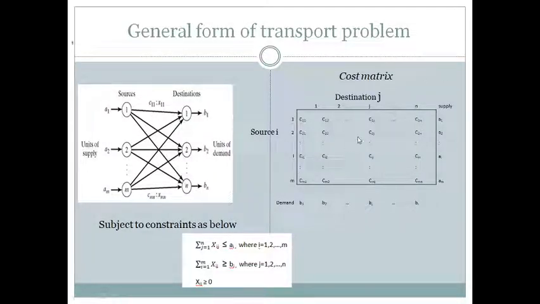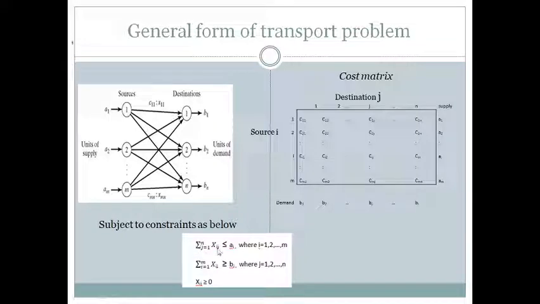This cost matrix is what we need to understand, because we will be using it in solving the problem later on. Again, we have constraints here. Obviously all LP problems have constraints, and even this transportation problem has constraints. The constraint is the summation of j equals 1 to n of x of ij less than or equal to a of i, where i equals 1 to m.